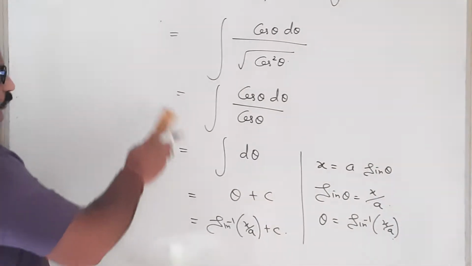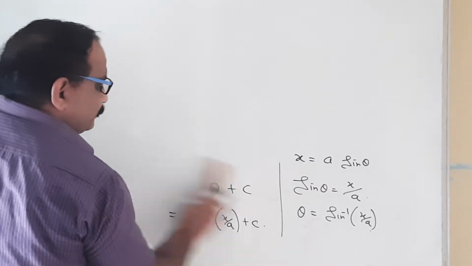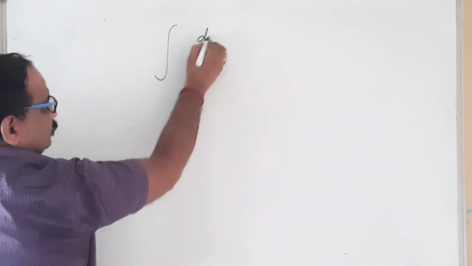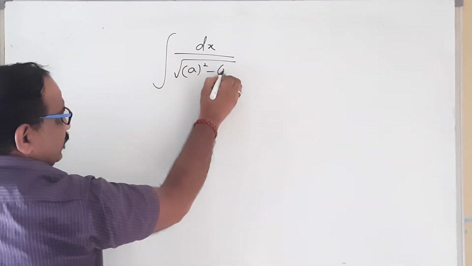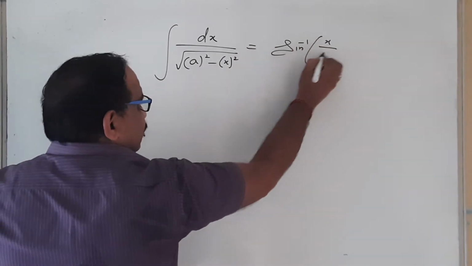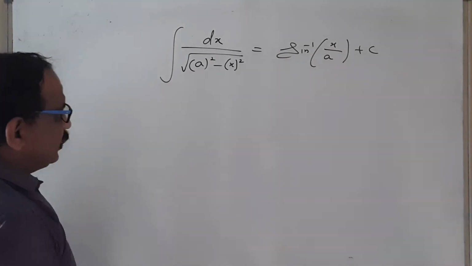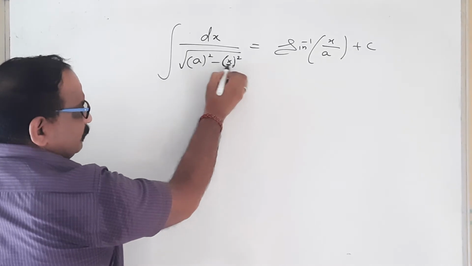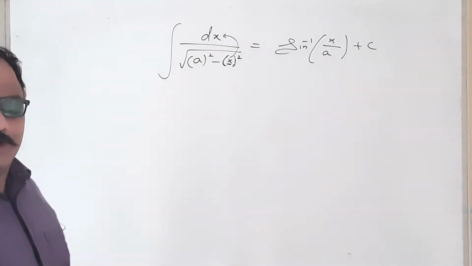A few things I have to highlight for these cases. So we have the conclusion now: dx upon under root of a whole square minus x whole square gives you sine inverse of x by a plus c. While using this formula, we should make sure that the differentiation of the perfect square expression inside the square root part should be in the numerator itself.